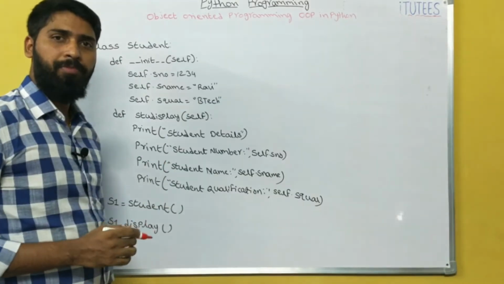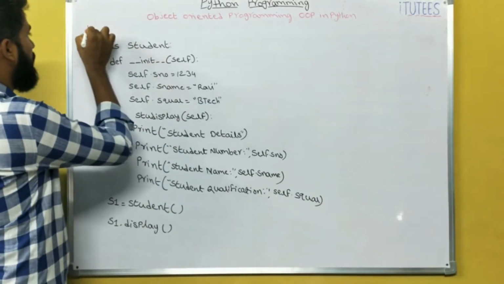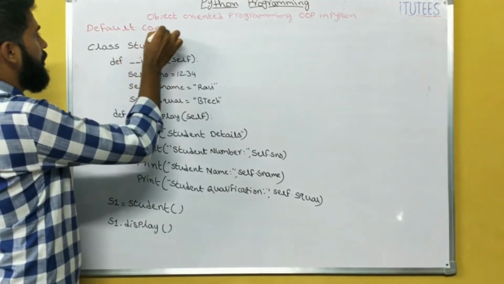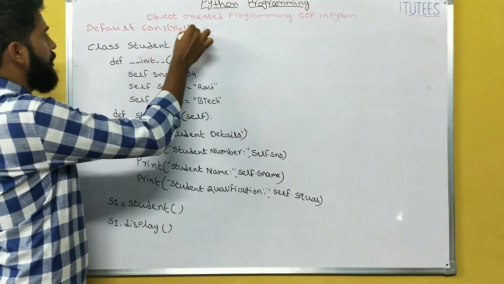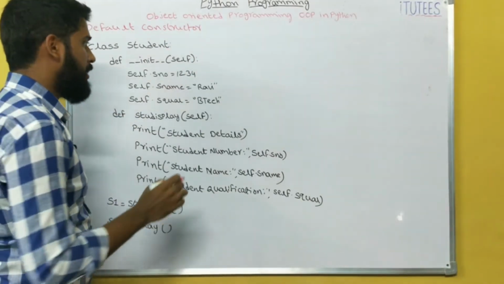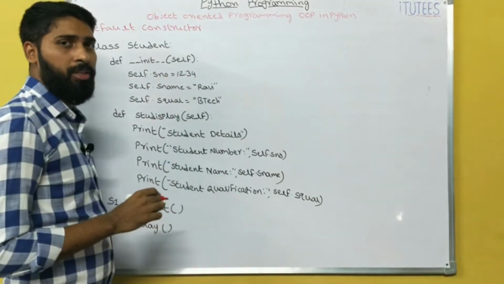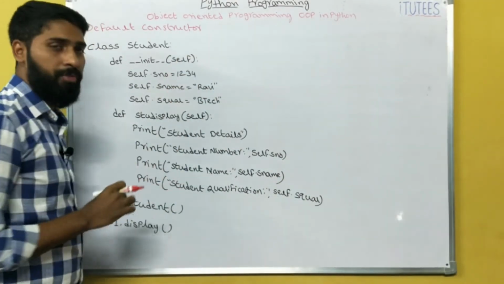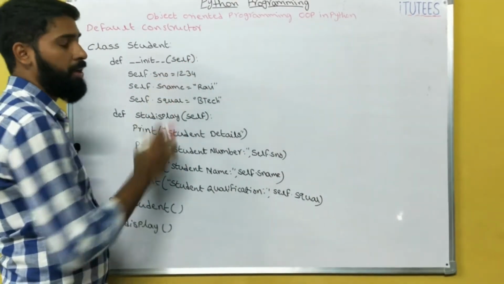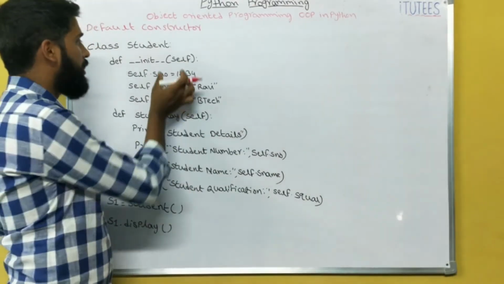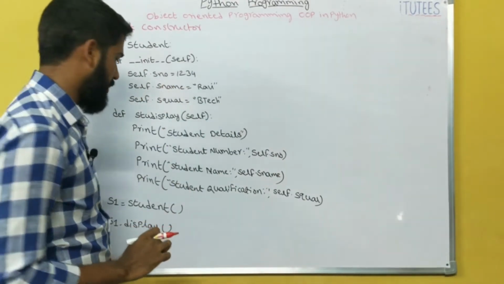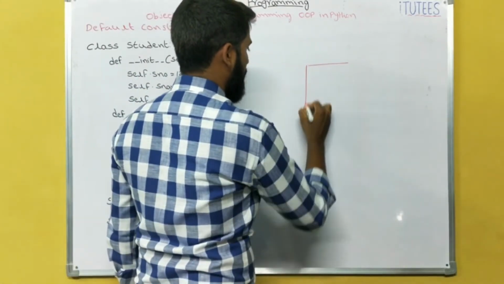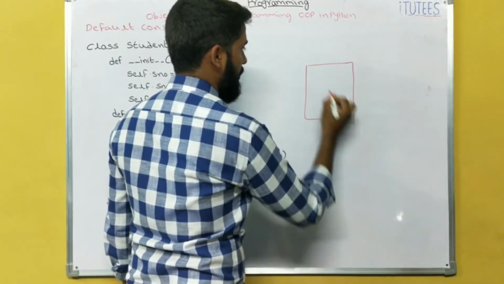This is the example for a default constructor. If the constructor doesn't have any arguments, then we say that constructor is a default constructor. s1 equals Student means an object is created with the name s1.